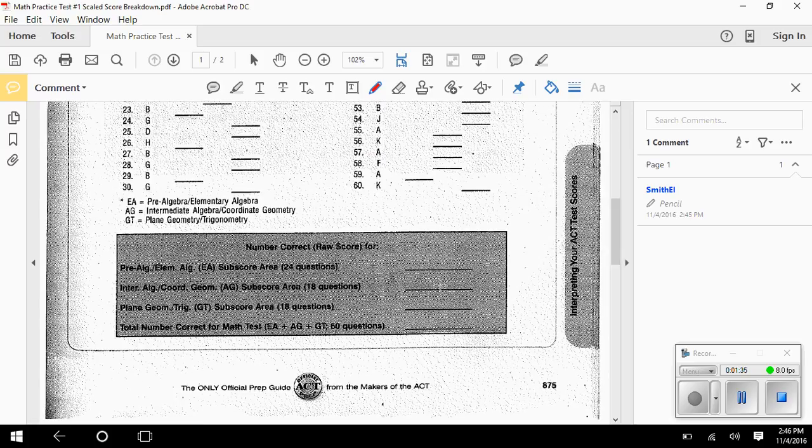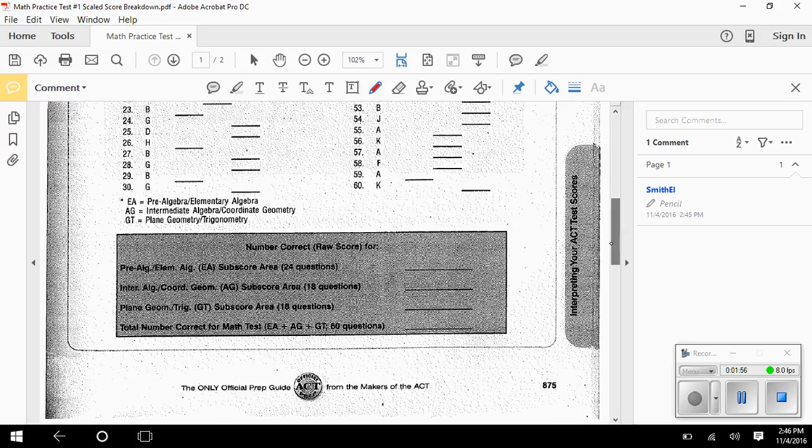Okay, then you'll count up the second column, which is the AG column, and you're going to put how many you had right there, and then your GT column, you're going to put that answer there, and then you'll add those up and put your number here. Now I know we didn't do a full 60 questions, but just write that number there, and then I'll tell you what to do with that number so we can estimate how you did.